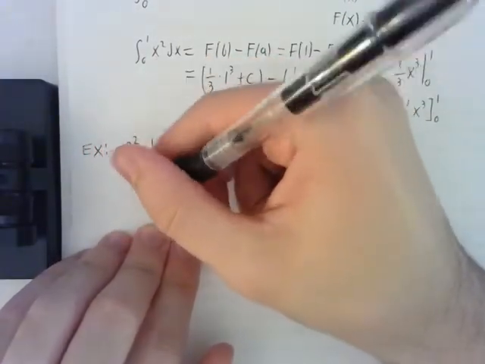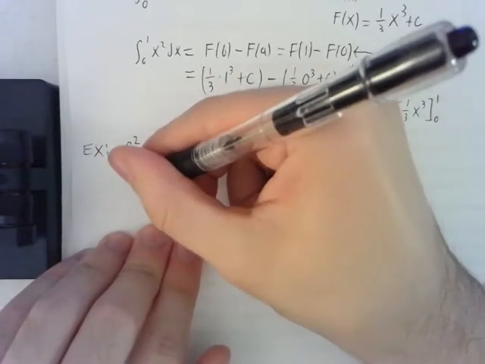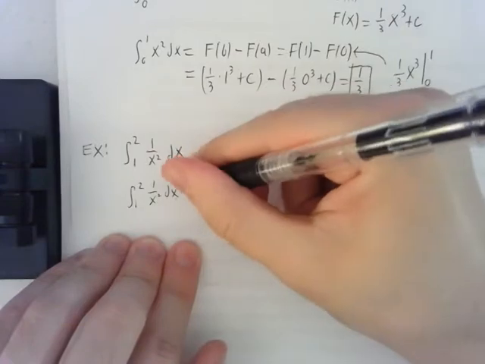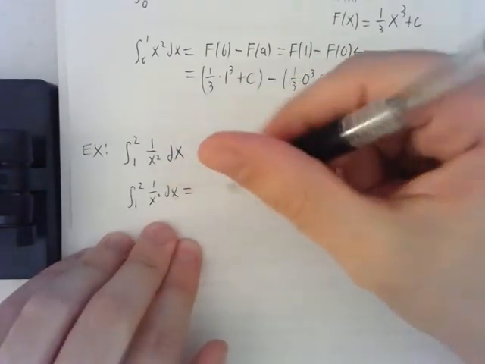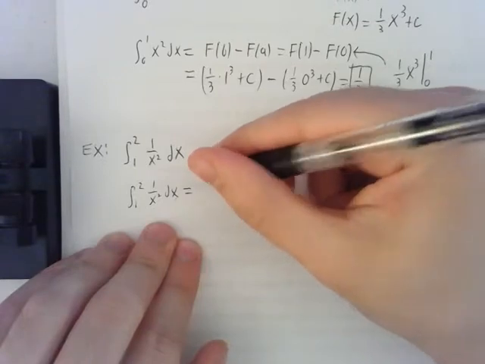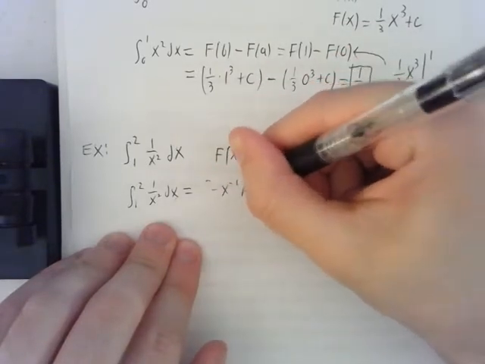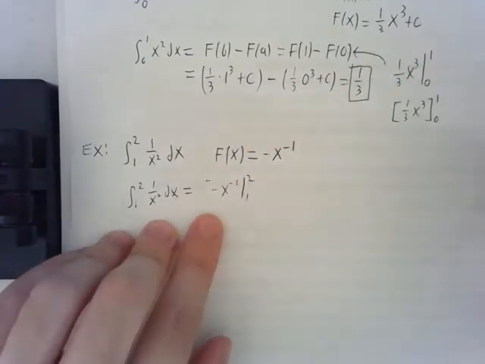So this means that by the fundamental theorem, the integral from 1 to 2, 1 over x squared dx, is going to be equal to negative x to the negative 1 from 1 to 2.